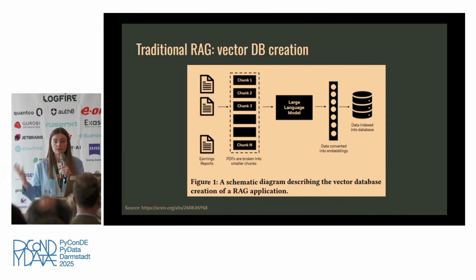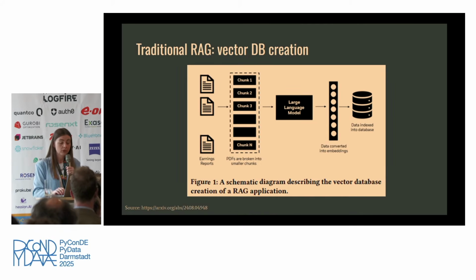We need to convert them into embeddings, store them in a vector database, and then do a search using semantic similarity. So we embed the user query and search for the most similar chunks, the most similar pieces of data inside our vector store, and we then return them to the model, and the model has some information to reply with.